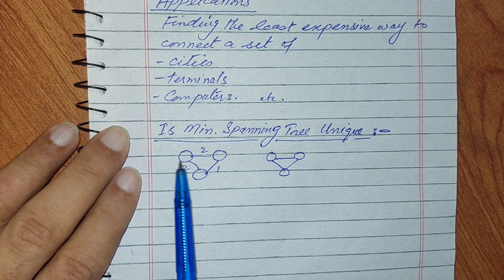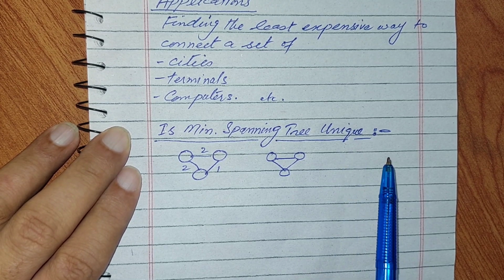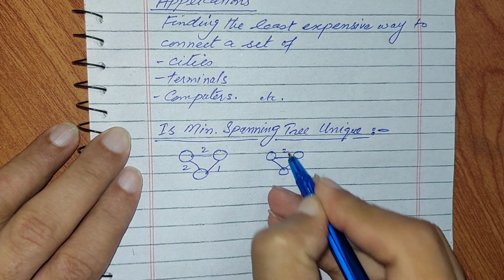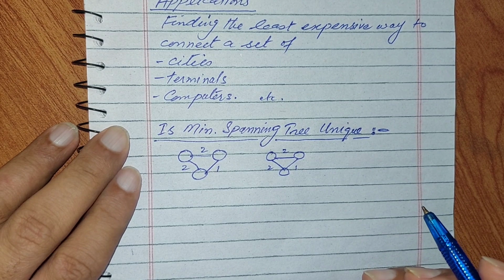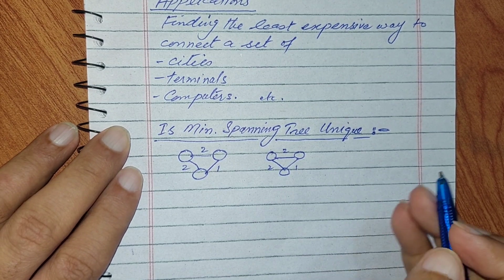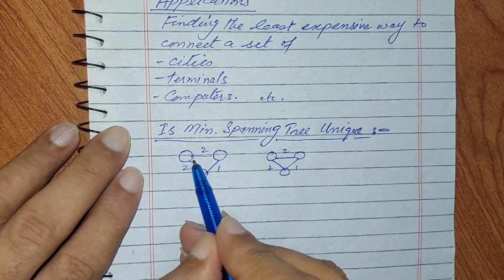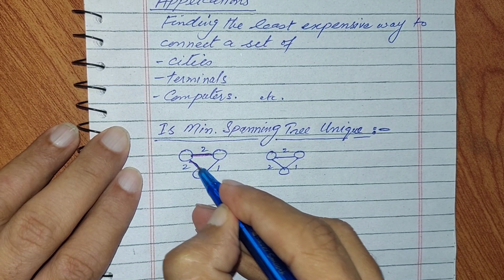And the question arises whether a spanning tree is a unique one, or can there be more than one spanning tree in the same graph. Yes, it is very much possible that you may encounter more than one spanning tree, but the cost of all those trees would be the same. For example, in this example, this is a spanning tree, and that is highlighted here.